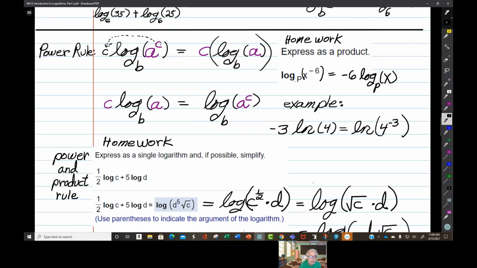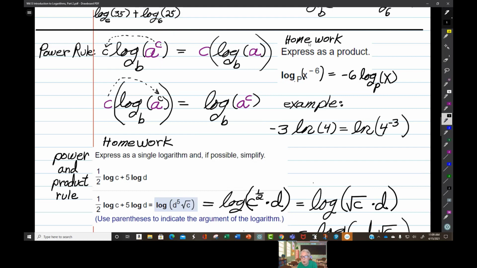So these exponents are movable. If you have a problem like this with a number in front of the log base b of a, you can write it as log base b of a to the c, because that number multiplying the log becomes the exponent. And that's the power rule of logarithms.